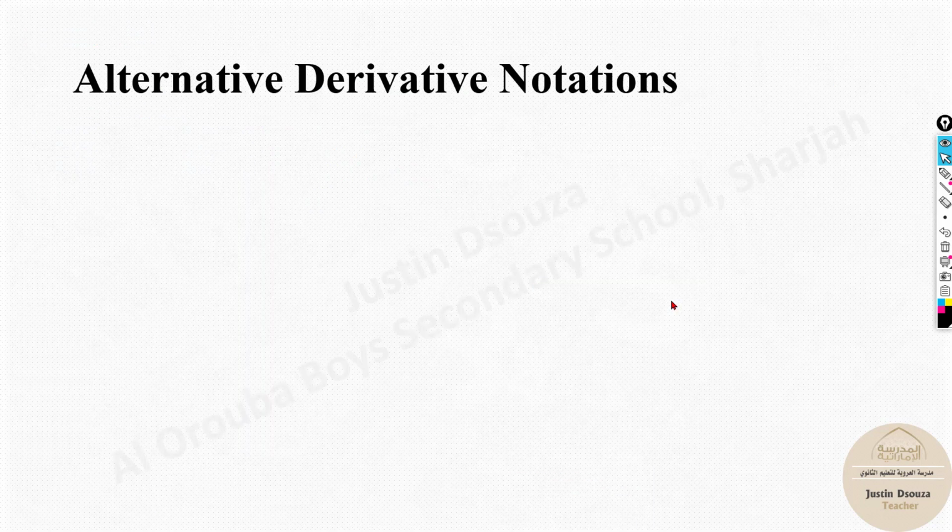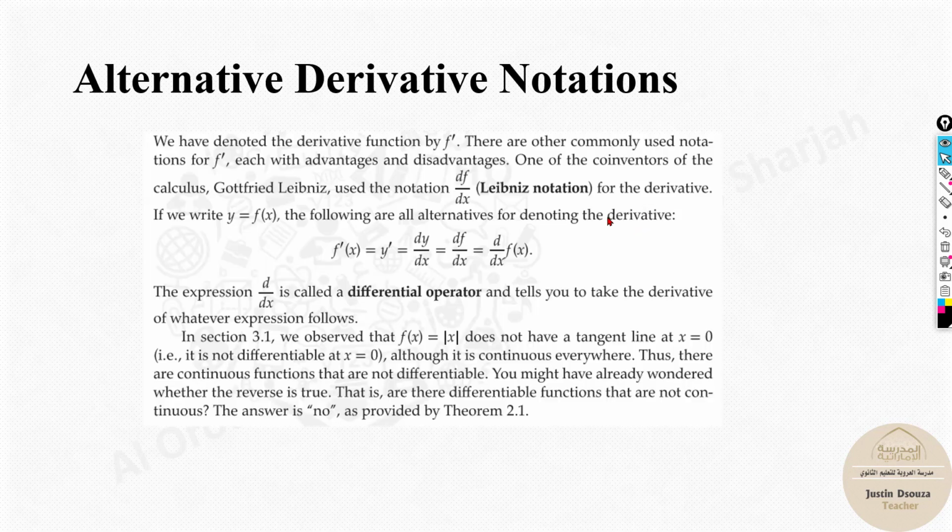Now we will go to the next one. Before that, alternative derivative notations. Over here we have Gottfried Leibniz, as we always call him, Leibniz notations. He was a German scientist, a very brilliant person, a mathematician, philosopher, everything.